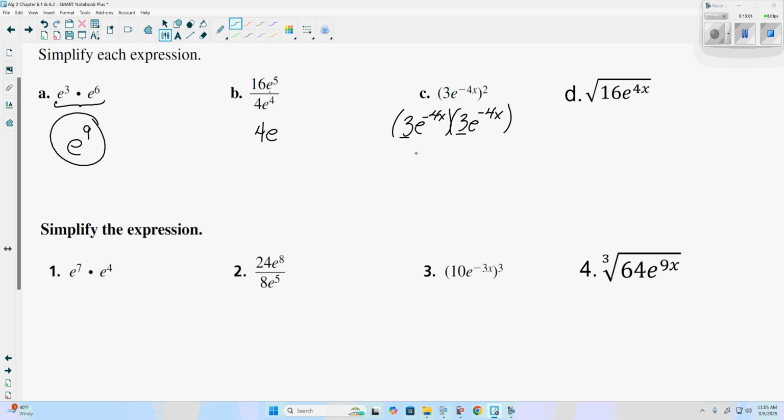Well, 3 times 3 is 9. E to the negative 4x times e to the negative 4x. Whenever we multiply like bases, we add the exponents. So negative 4x plus negative 4x. Negative 4 plus negative 4 would be negative 8x.